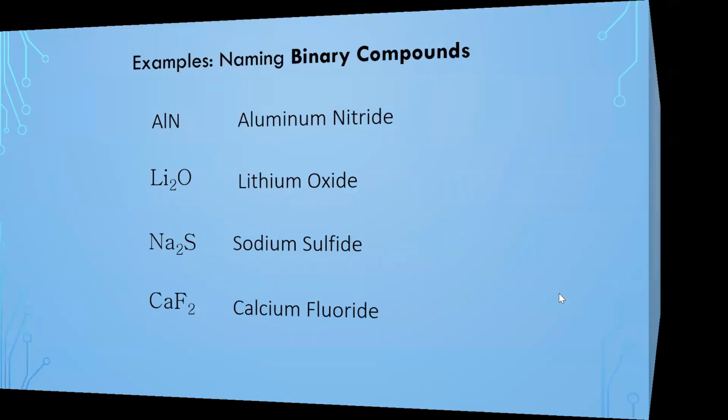Okay, I'm going to put these up here. Try these ones. Pause your video. All right, if you're not ready, pause it. Got K2Se, ignoring the subscript. K is potassium. Se is selenide. Oh, I gave it away. Selenium becomes potassium selenide. What about this one? CaS.